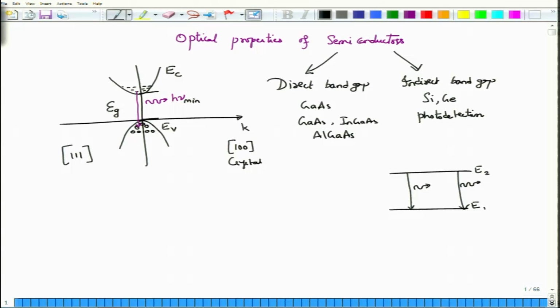However, electrons are also collected far away from the band edge, and there are holes which are also available. Therefore, transition can happen away from the band edge in this way, provided we satisfy certain conditions, which I am going to talk about now. But you do have transitions happening at the band edge. Maybe beyond that it will not be possible, because the conservation of momentum will not be achieved.